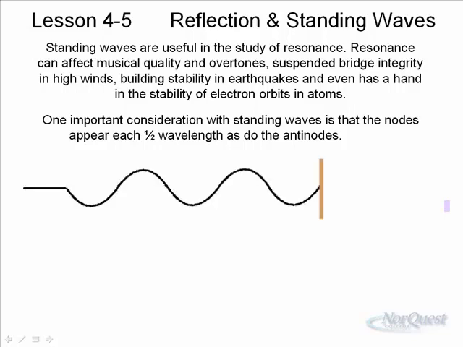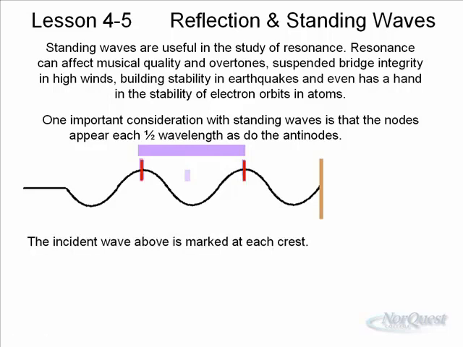So if you have an incident wave, I'll just draw the crests of the incident wave. Here's a crest, and here's a crest. So we can see how far the crests of the wave are apart. They're this distance apart. Now, when the reflected wave returns, of course, it's going to be inverted, and you're going to get nodes and antinodes.